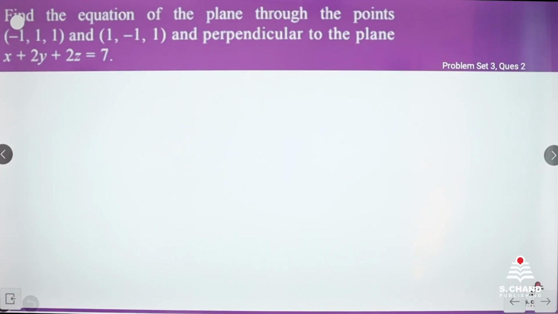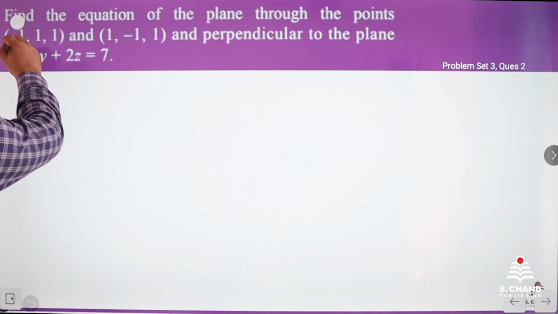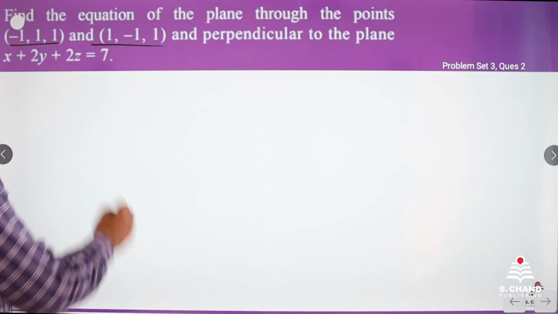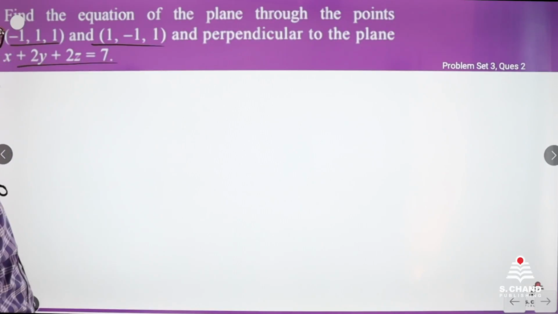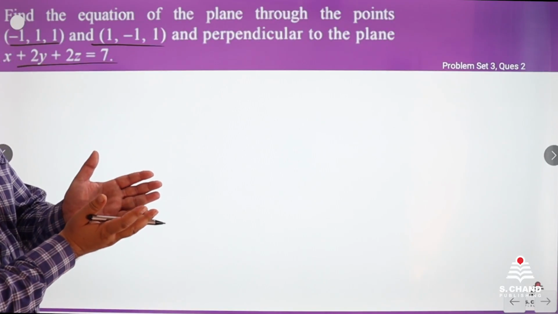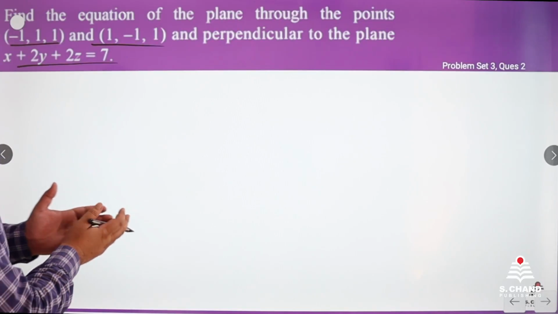Find the equation of the plane through the points minus 1, 1, 1 and 1, minus 1, 1 that is perpendicular to the plane x plus y plus 2z is equal to 7. So if the plane is perpendicular to this plane, then their normals are also perpendicular.